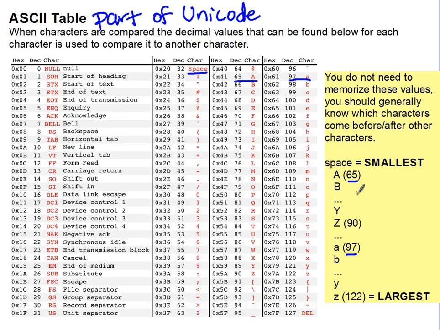That way it'll be easier to know, okay, if capital A is 65, then capital B has to be right behind it, and if lowercase a is 97, the lowercase letters follow after it. So in my comparisons, the capital A is going to be smaller than any of my lowercase letters, and my lowercase z will be bigger than every other letter.